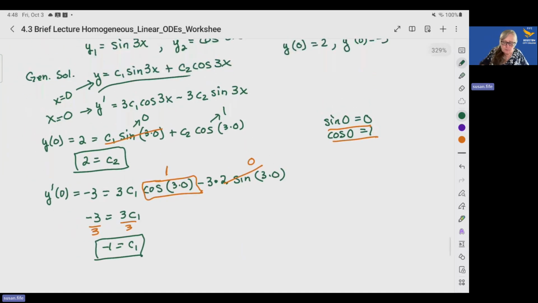I'm going to go back to my general solution, and this is going to give me the particular solution.